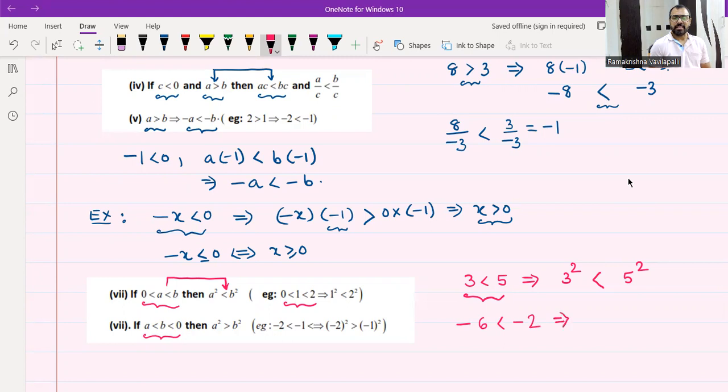Suppose if we square them, minus 6 whole square and minus 2 whole square. Now you see minus 6 whole square is nothing but 36 and minus 2 whole square is nothing but 4. So 36 is greater than 4. So this inequality is reversed when two negative quantities are squared. So A less than B less than 0 implies A square is greater than B square.